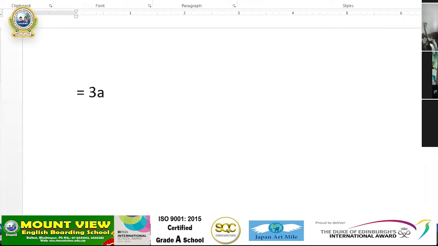So the question is: 3a square has to multiply a square plus b square, minus 2b square has to multiply a square plus b square. Okay, all right, so this is the question that we had to do.